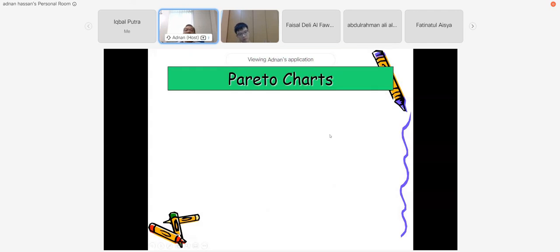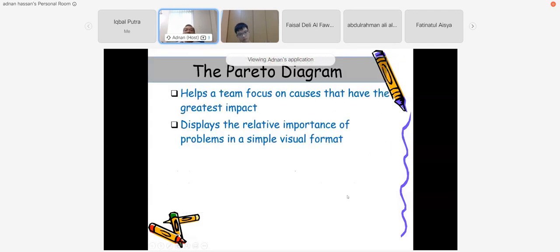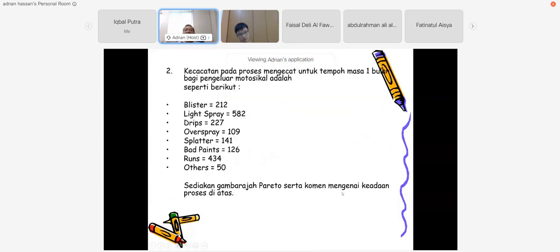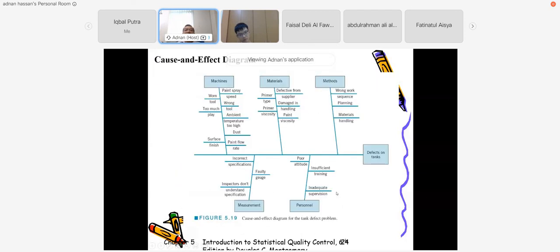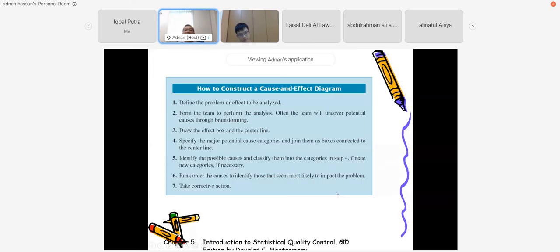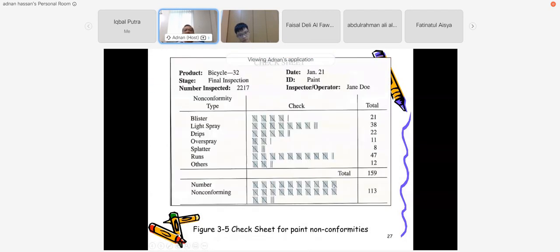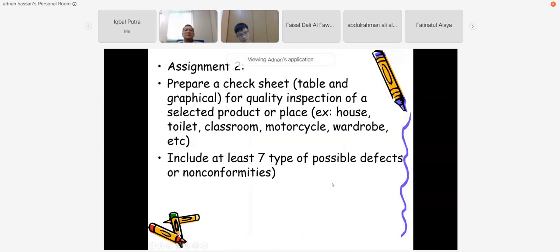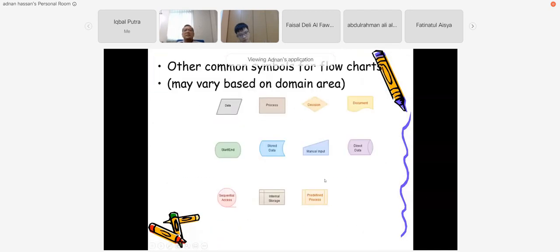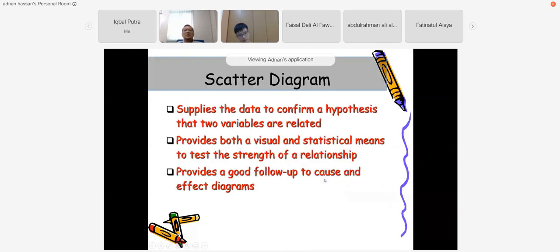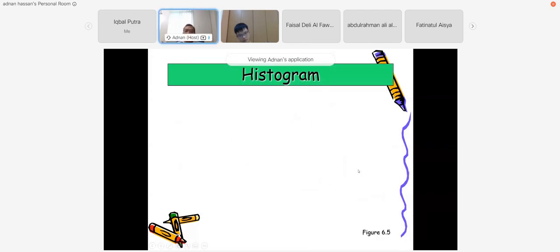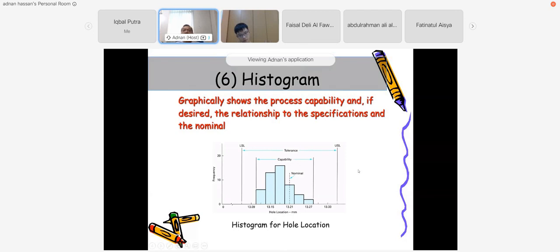All right. I want to go to the basic chart, the histogram. I think many of us are familiar with this.